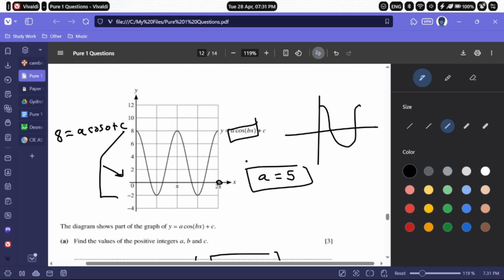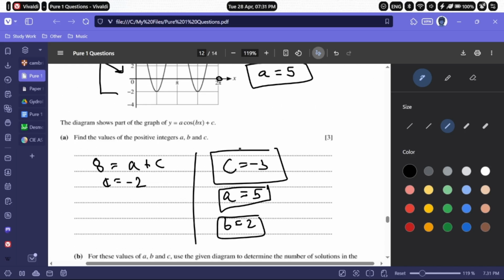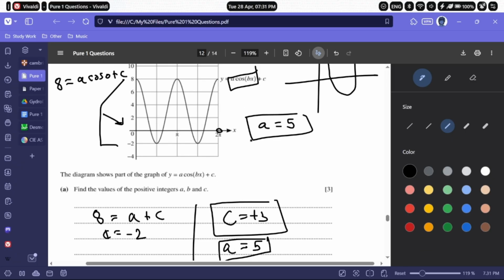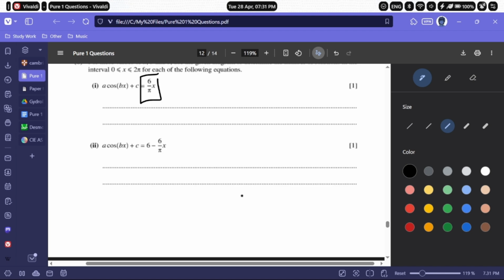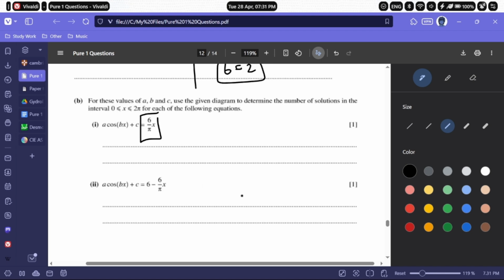So 8 is equal to, oh, I'm so sorry. 8 is equal to 5 cos 2 pi plus c. So 8 is 5 plus c. We're gonna plug in pi into the x.